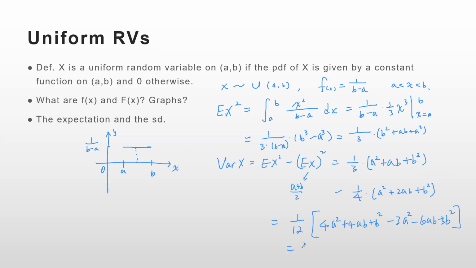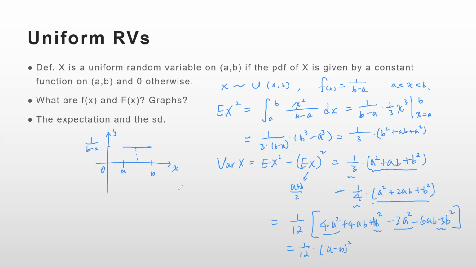Eventually you will get 1/12 times b minus a squared. Sorry, I forgot the 4 here. These two numbers, you put them together and find a common factor, which is 1/12. So you move out 1/12, you will leave 4 for this term and 3 for this term.